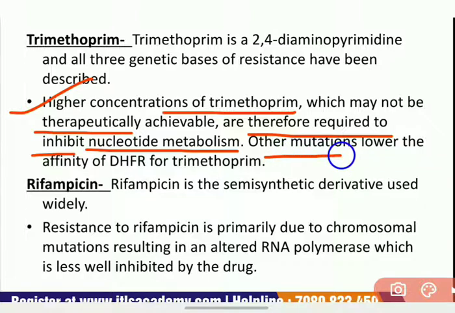Other mutations lower the affinity of DHFR for trimethoprim. These two mechanisms of resistance may coexist in a single strain, effectively increasing the level of resistance to the antibiotic.